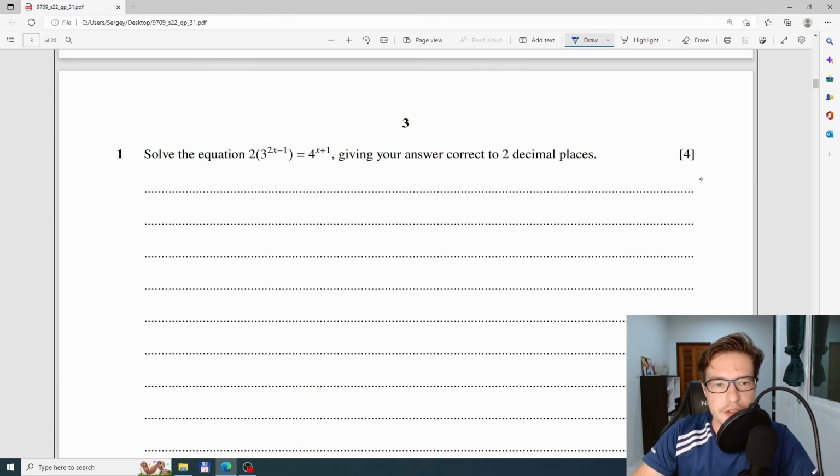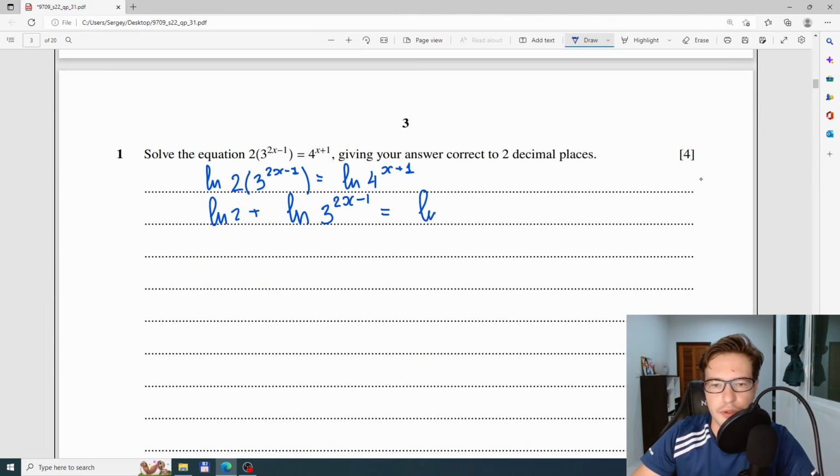Okay, I will take a natural log of both sides. And then I can use laws of logs to split the left side. So I get log 2 plus log 3 to the power of 2x minus 1 equals log 4 to the power of x plus 1.